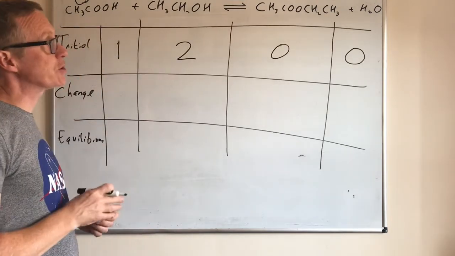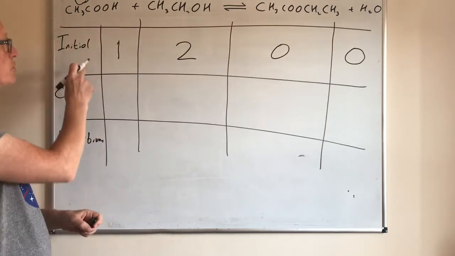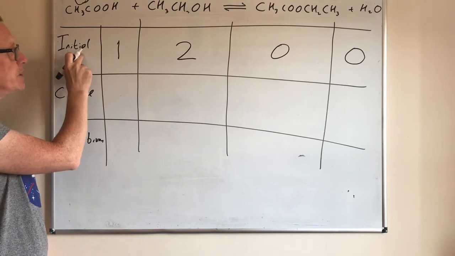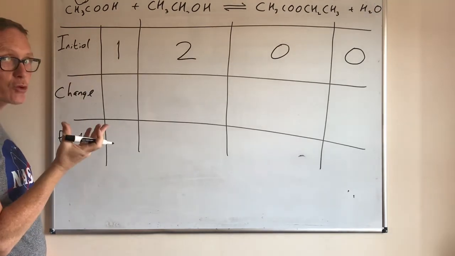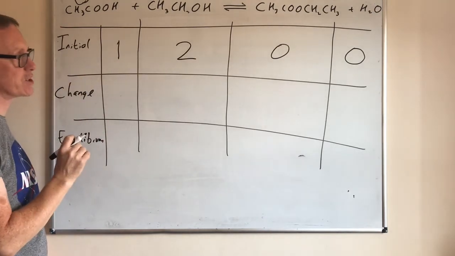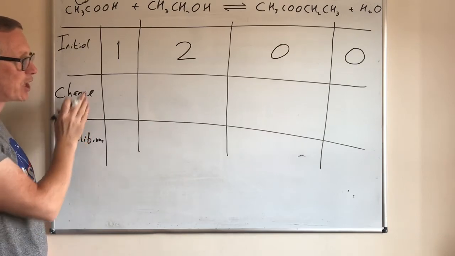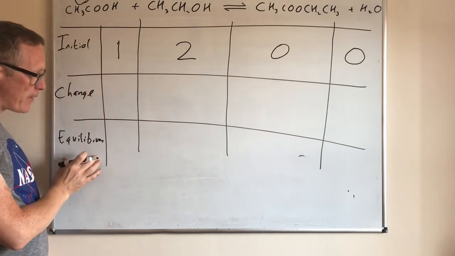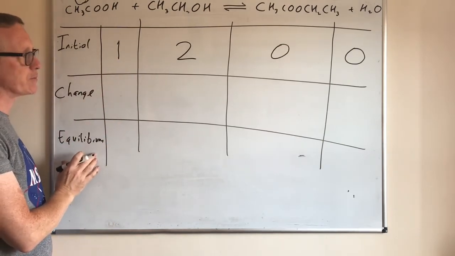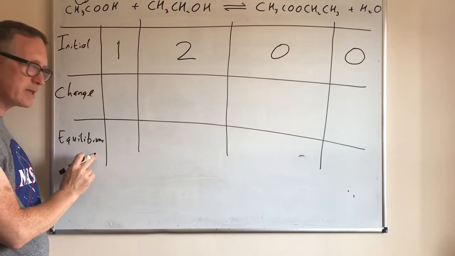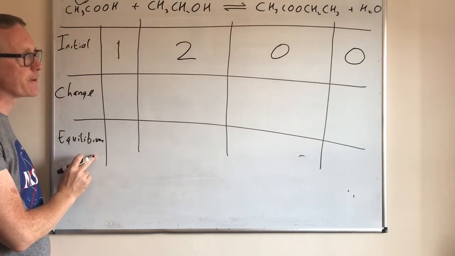So in this part of the calculation, I am using this technique. Initial, as in the initial number of moles added to the reaction vessel, the change, how much they've gone up or down by, and the final amounts, the equilibrium amounts. ICE, sometimes called the ICE method.